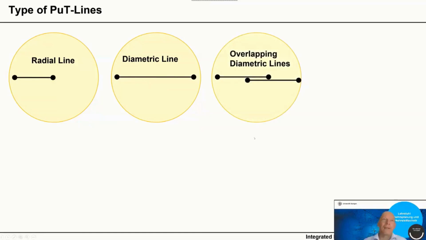Now, diametric lines have disadvantages. One disadvantage is that if your city is very long, you catch up delays. A bus which is longer than 45 minutes in one direction, or 60 minutes, will catch up delays, and a good place to recover is the terminal. So if the terminal is far away, it's more difficult to recover. This is why some cities come up with concepts like this, where they have overlapping diametric lines.